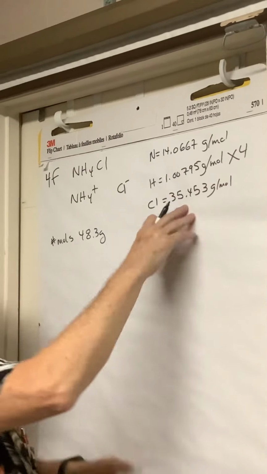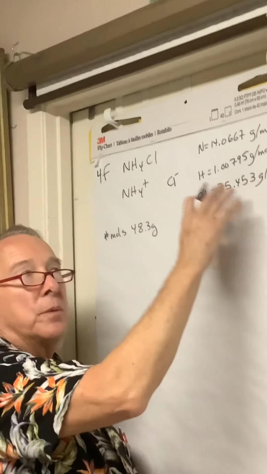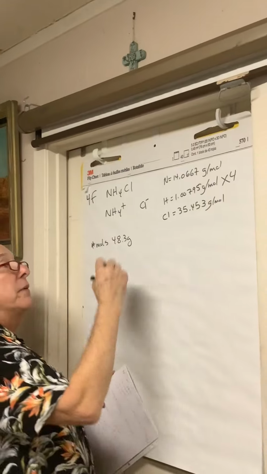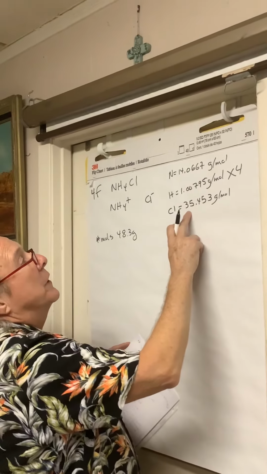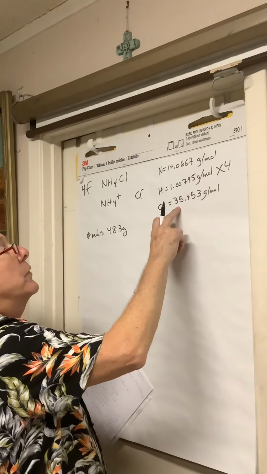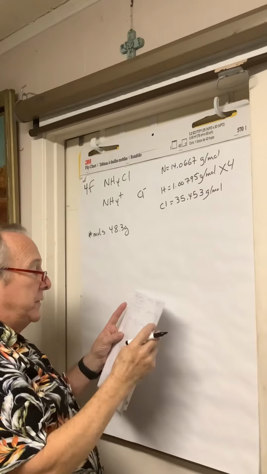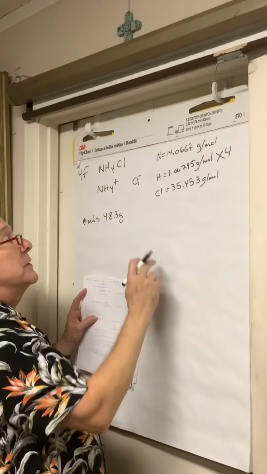These are the big red atomic masses, average atomic masses, in your periodic table for my formula. So if I add all this up, 14 plus 35 is what? 49 plus 4 of these is 53 and a half, because this is actually 35 and a half, not 35.